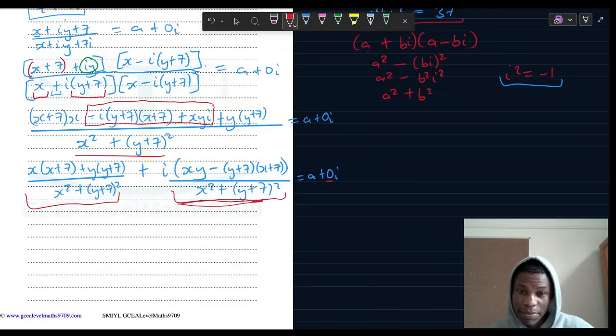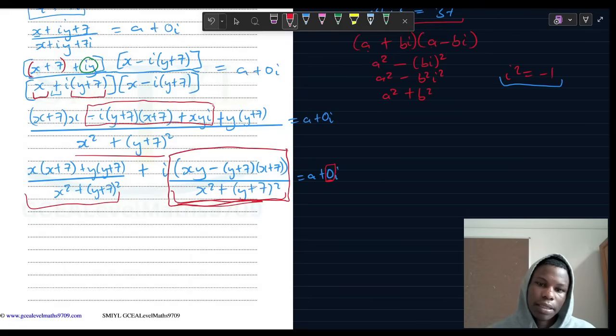It's going to be in terms of a as well, so we don't want to mess with that. So going back to that idea that two complex numbers are equal if and only if both their real parts are equal and their imaginary parts are equal. So that means that this imaginary part here has to be equal to that imaginary part.